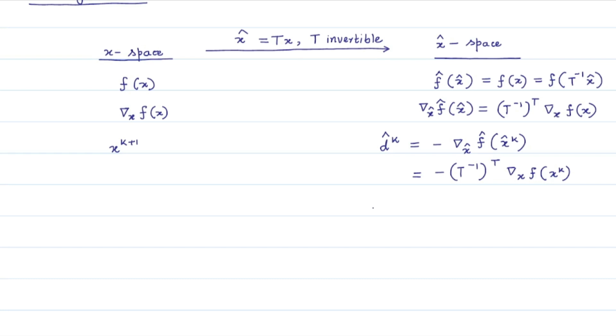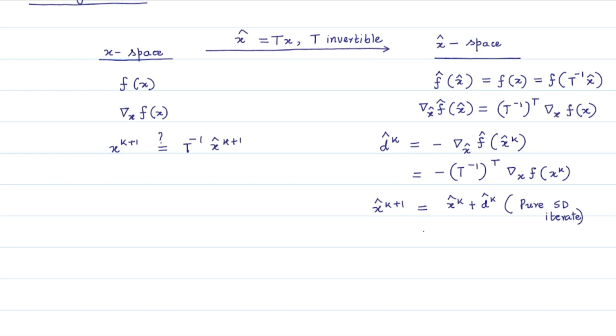In the x hat space, the pure steepest descent iterate xk plus 1 hat is given by xk hat plus dk hat. And now let us see if this xk plus 1 can be revived by taking the inverse transformation T inverse on the vector xk plus 1 hat.